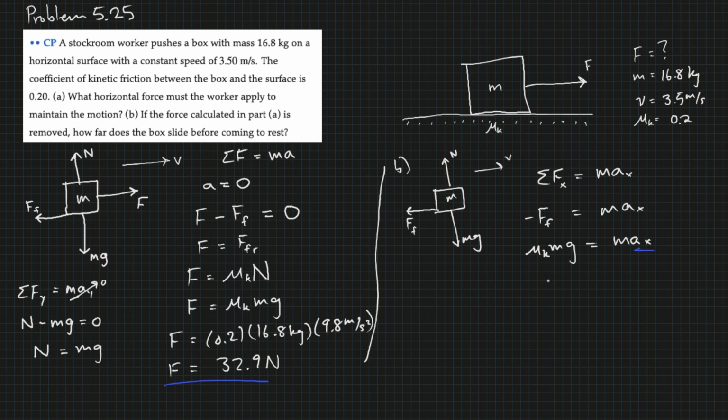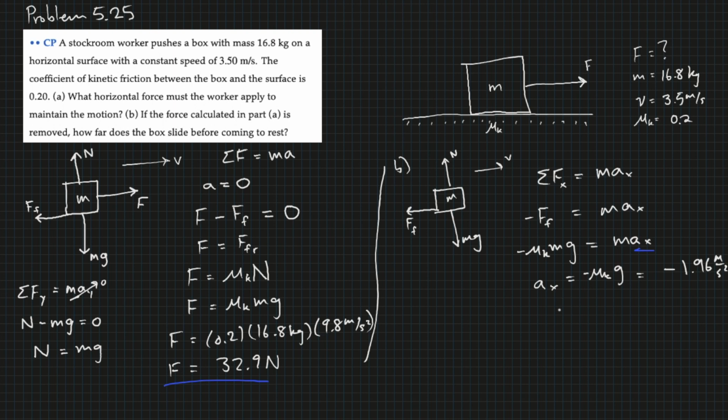So just rearranging this, acceleration in the x direction is equal to the coefficient of kinetic friction times gravity. And so the acceleration is, and sorry, actually there's a minus sign here that I forgot, but acceleration is minus 1.96 meters per second squared.